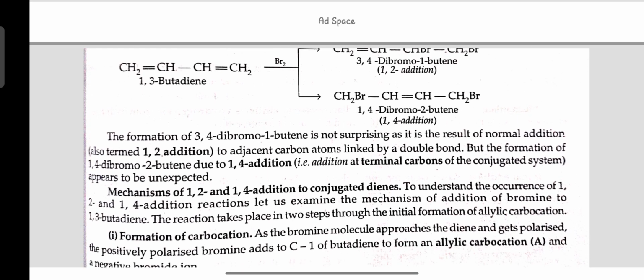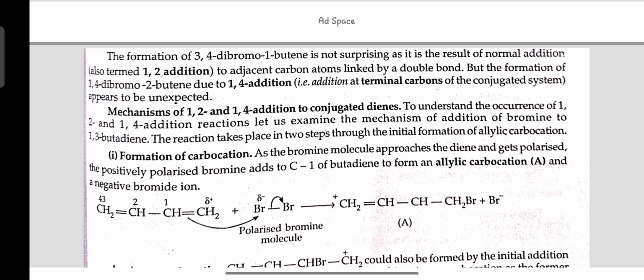The formation of 3,4-dibromo-1-butene is not surprising as it is a result of normal addition to adjacent carbon atoms linked by a double bond, but the formation of 1,4-dibromo-2-butene due to 1,4 addition appears to be unexpected.